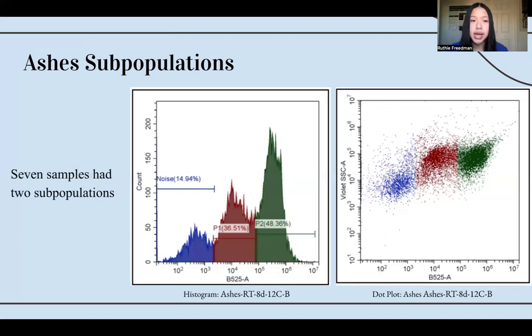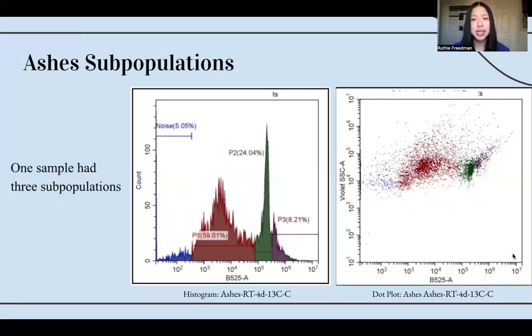So continuing with the Ashes subpopulations, 7 of the samples had 2 observable populations. We can see here in the red and green on the histogram, and then also on the dot plot, you can see especially where it's really concentrated, kind of in the middle of these zones that are colored.